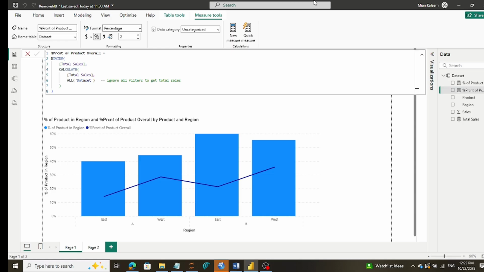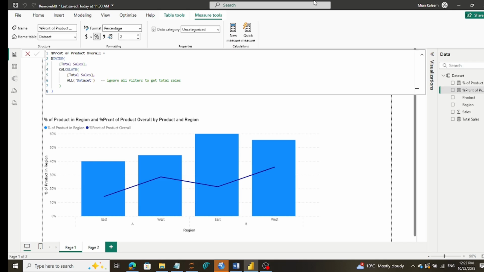In this we used percent of product overall: divide total sales by calculate total sales, and then ALL, ignoring all filters.